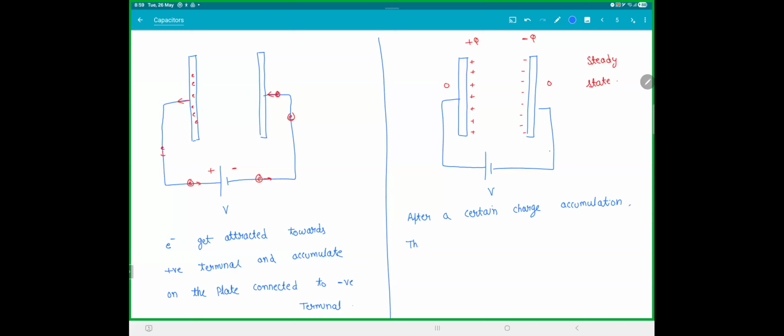The field due to the induced charges, so this plus Q and minus Q are the induced charges, is strong enough to oppose the field due to the battery.